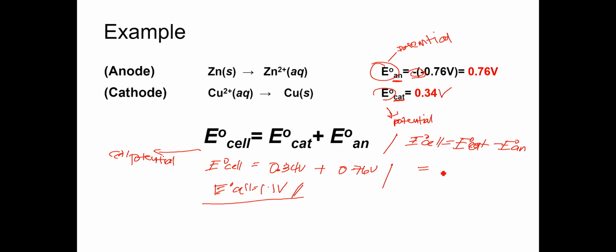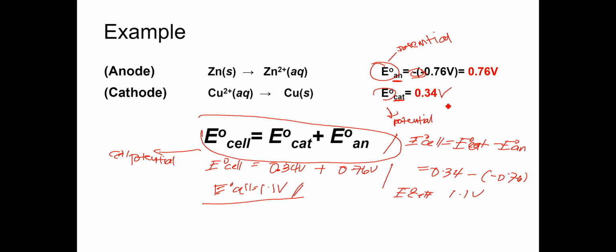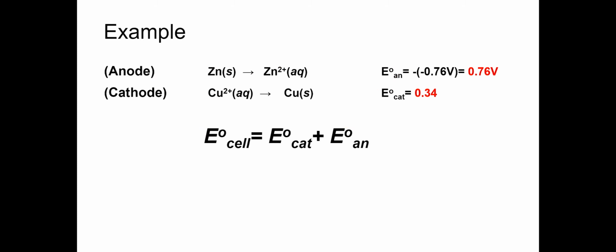So, ilalagay mo lang kung ano yung kanyang assigned value here, and then the formula will do the work. So, 0.34, tapos minus negative 0.76, and then the answer is also 1.1 volt. Kaya nga lang, I prefer this type of equation kasi dito pa lang pinabaliktad na natin.